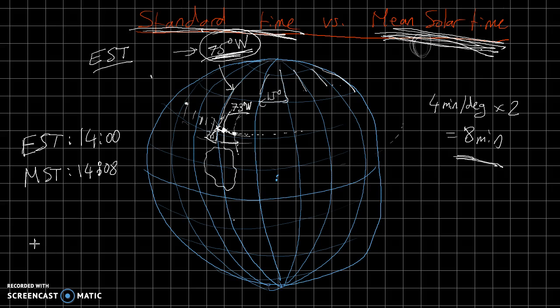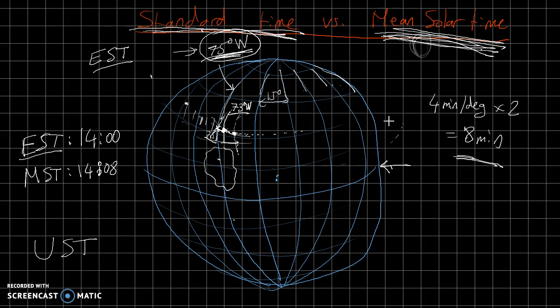So now we also have the Universal Standard Time. This is the time at Greenwich, and this is the reference for Earth. So for the Eastern Standard Time, we are five time zones west, so 5 time zones earlier.